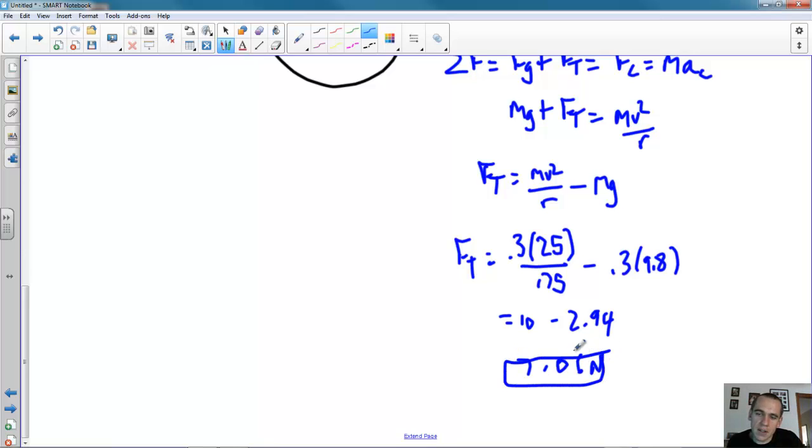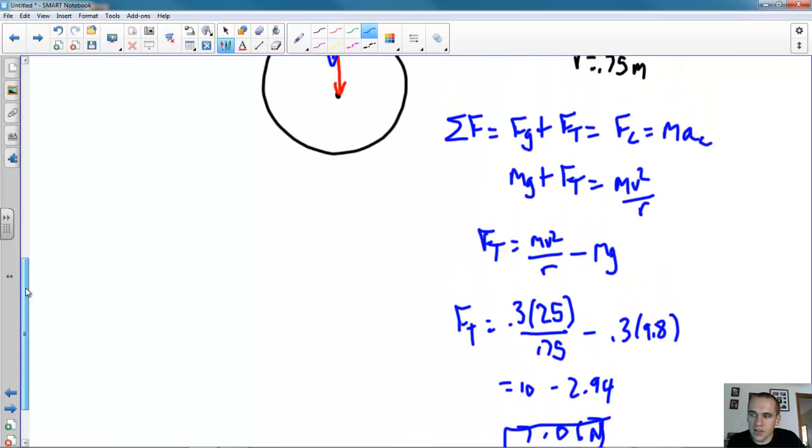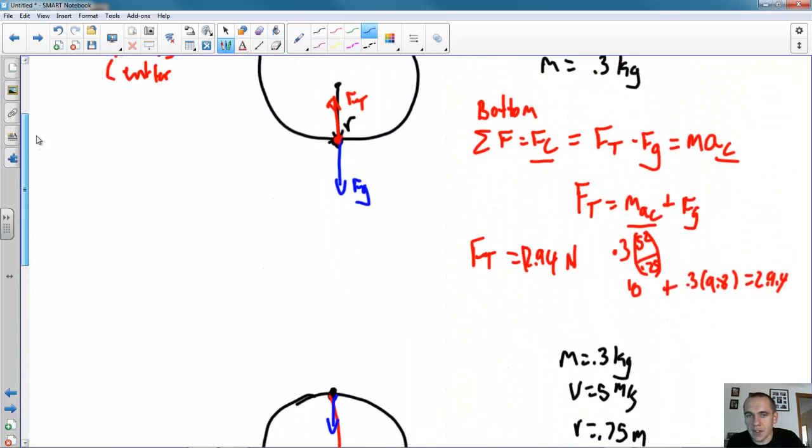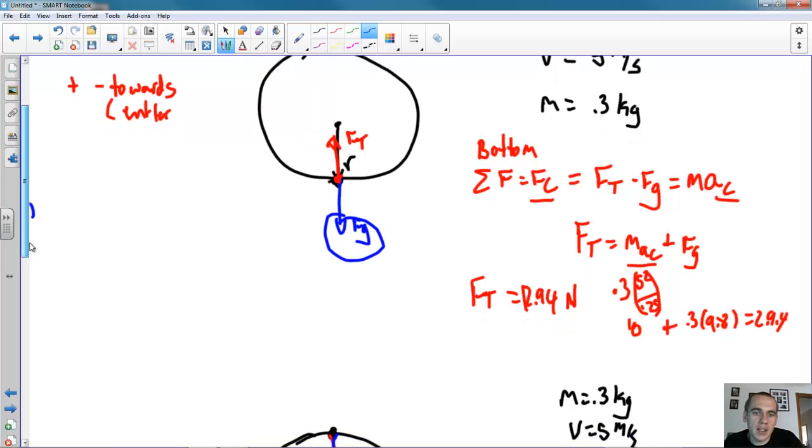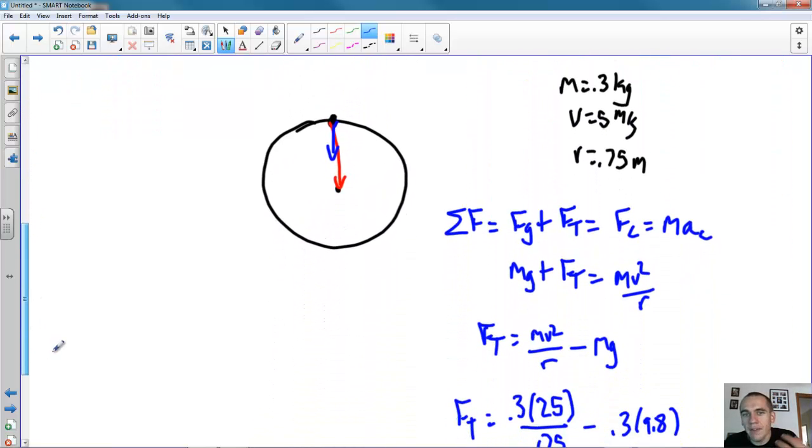So at the top of the swing, the tension is less than at the bottom of the swing because gravity has switched directions relative to the tension. At the bottom, gravity is fighting us here. Gravity wants this thing to come down and we're trying to swing it up. But at the top, gravity's helping us. We're trying to swing it down and gravity's trying to pull it down. So because we have vertical motion and gravity is constant, but our centripetal force is always towards the center, we have to account for that.